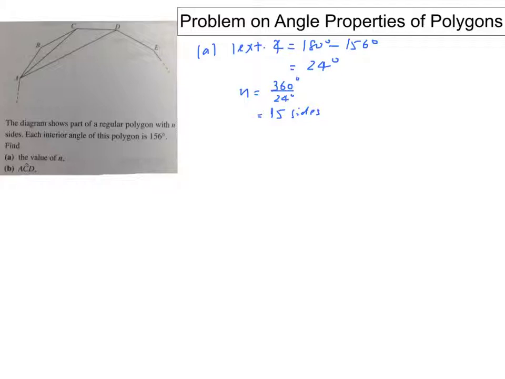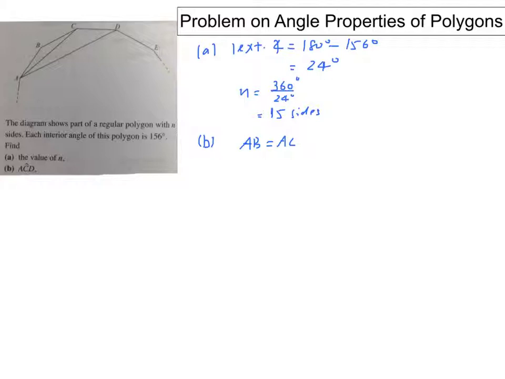Now part B. Find the value of the angle ACD. Okay, so first of all, we know that AB equals AC. Okay, because this is a regular polygon.